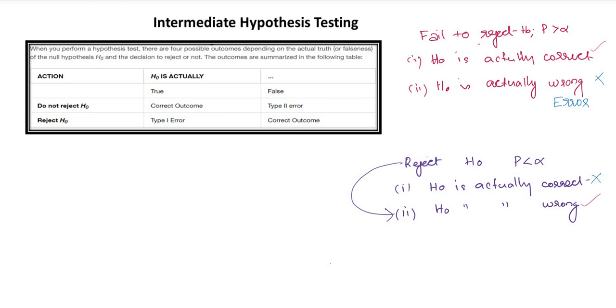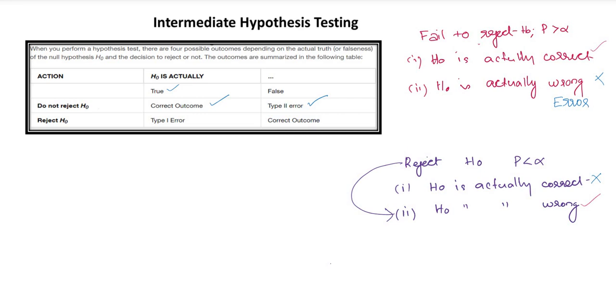Now look back at this table. Do not reject H naught, meaning accept H naught, when it is correct. That is true. And do not reject H naught when it is false, meaning it is wrong, and at the same time we accept it. That is what is called type 2 error.